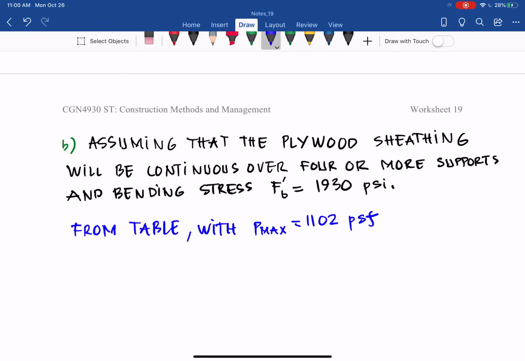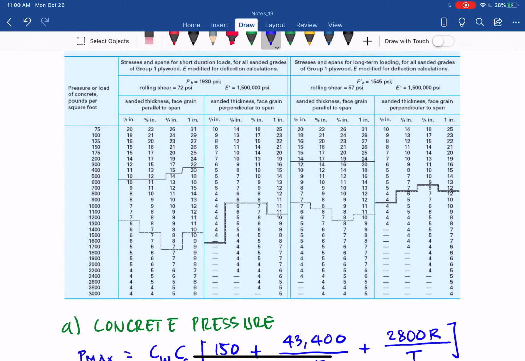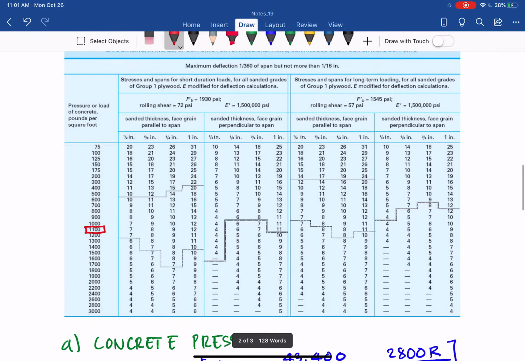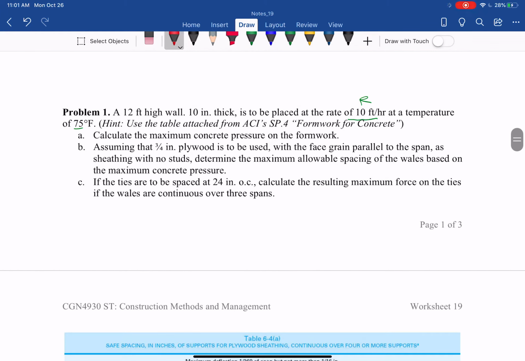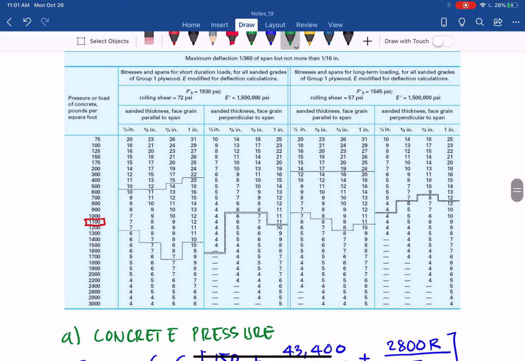So what will we have? Go back to the table, jump up here. The amount that you receive, that is the concrete pressure 1102, so it's about 1100 pound per square foot, and the plywood thickness in this case is 3/4 inch, and face parallel to span.